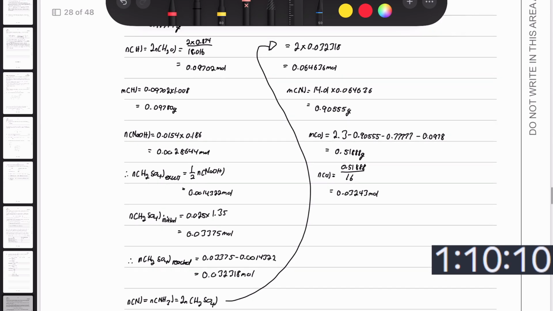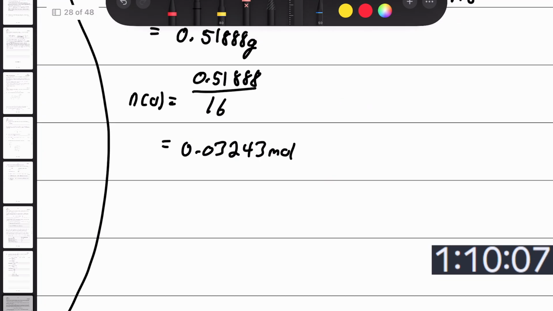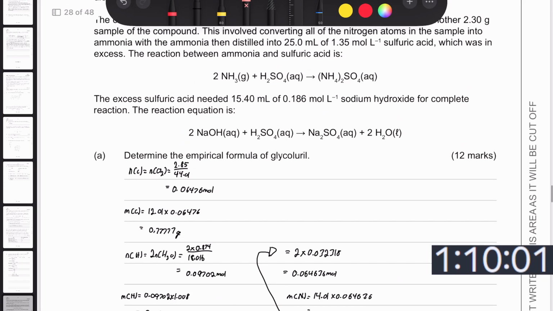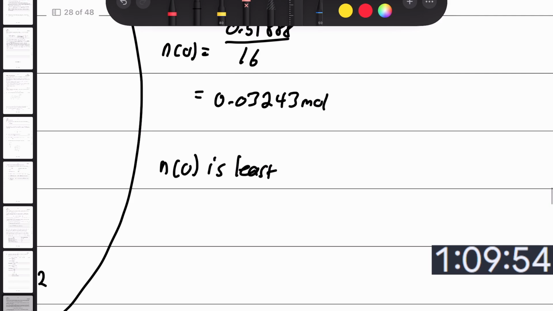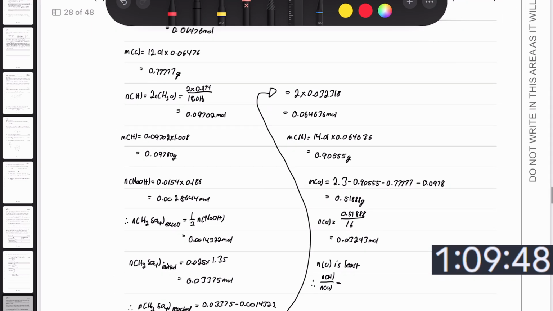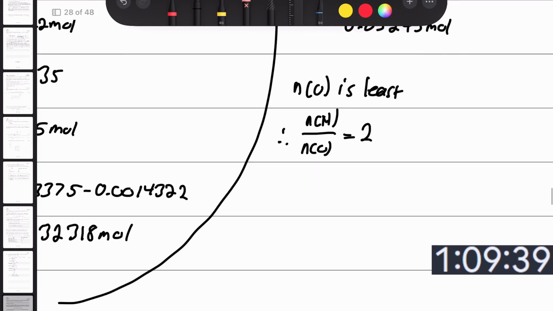So the number of oxygens is least. Therefore, the number of nitrogen over the number of oxygen, this should just be 2: 0.0646636 divided by the answer, yes, 2.